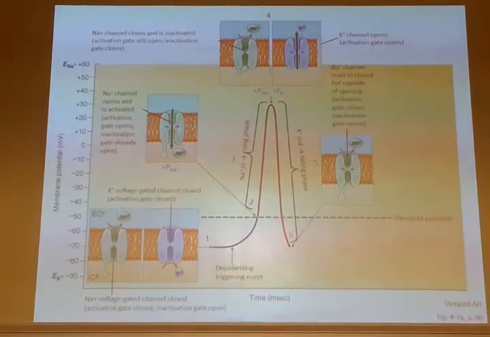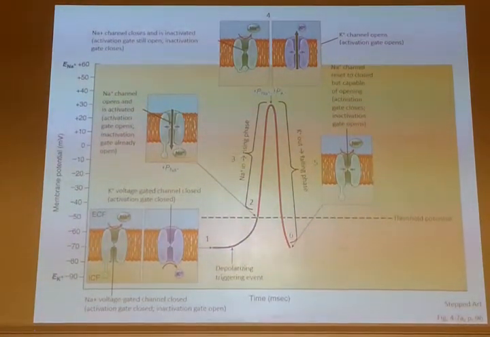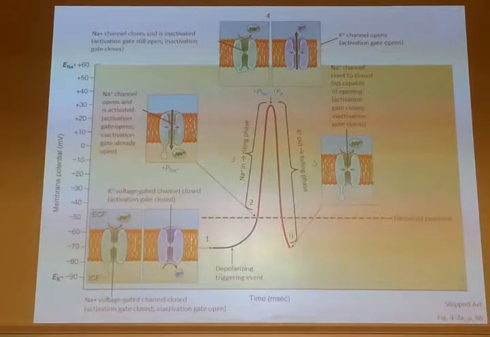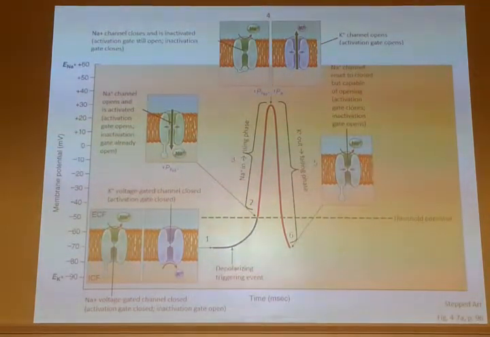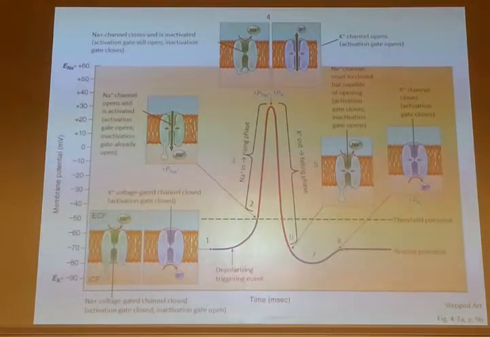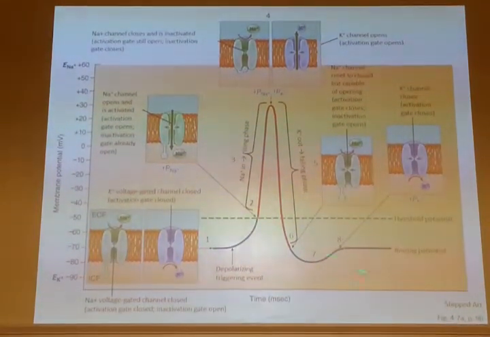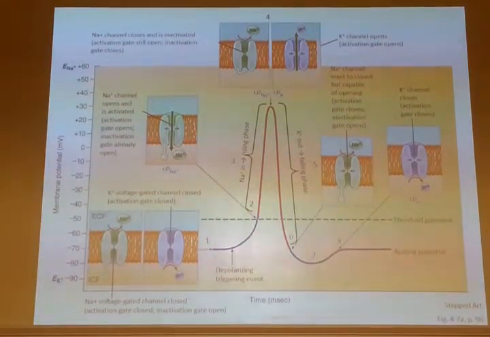But how short is a millisecond? And this is like 1/100th of a millisecond, or even 1/1000th of a millisecond. Highly unlikely that everything's going to coincide there. Any time sooner, you don't have enough sodium channels to open. Any time later, then you've got the potassium channels still letting potassium leak out, and you need more sodium to come in to get back to threshold.